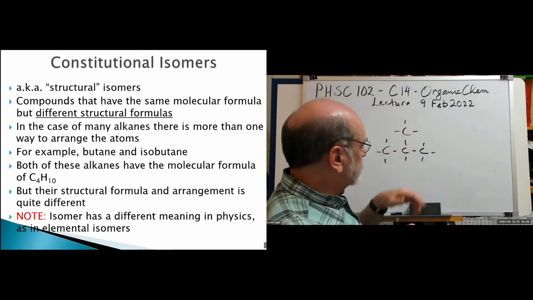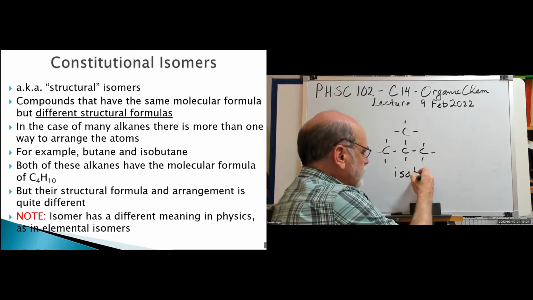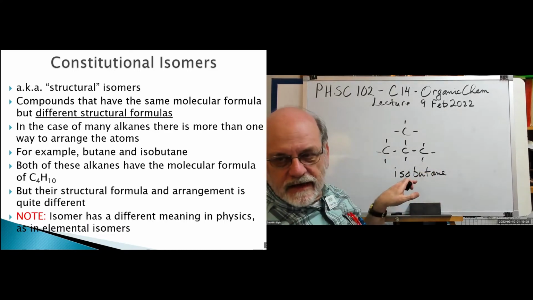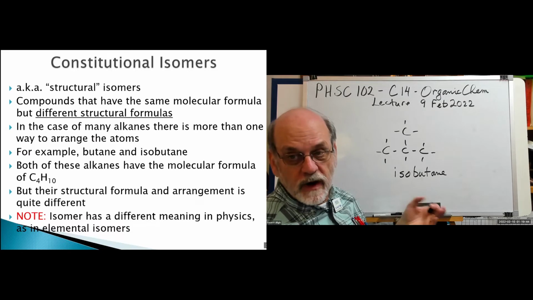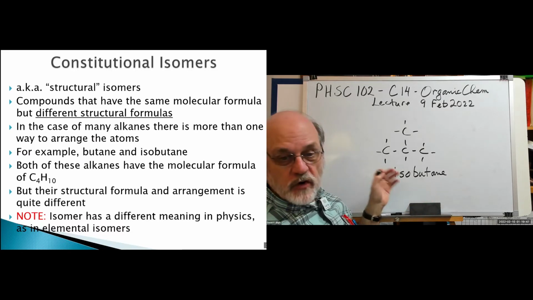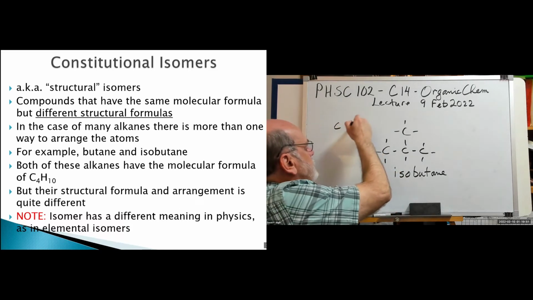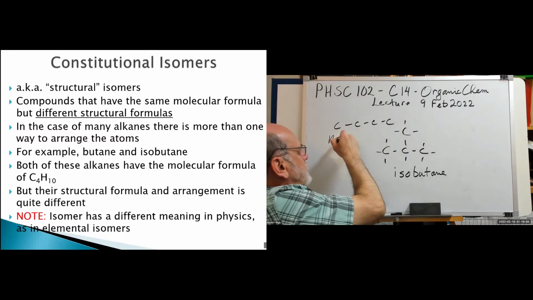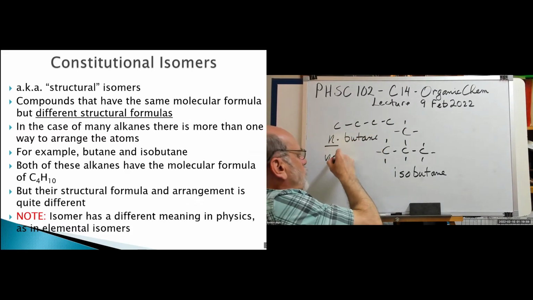Now, this one is called isobutane. That's an archaic form of naming, but it's still used. So that's why I introduce it here. Straight chain butane is often called n-butane. The n stands for normal.